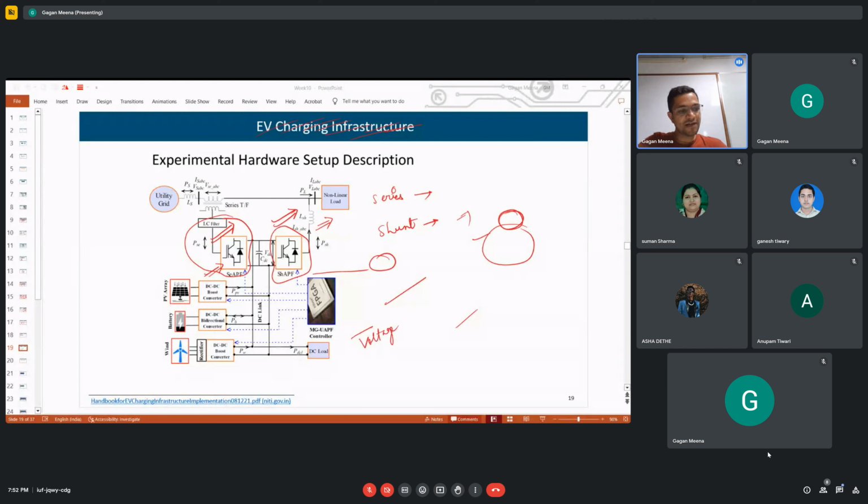And this is providing low impedance, so harmonics will flow this side, not injected into the grid or drawn from it. Whatever harmonics are required will come through this side. This will provide it to the nonlinear load.